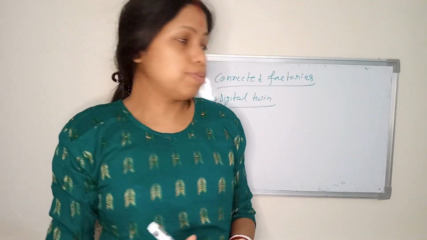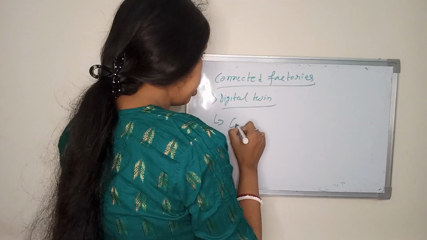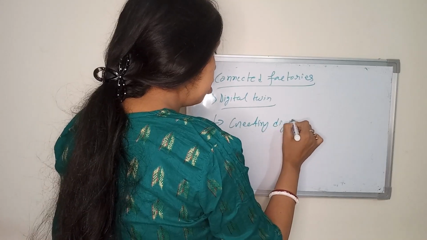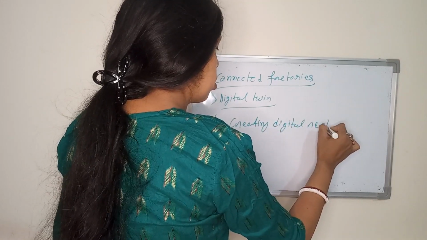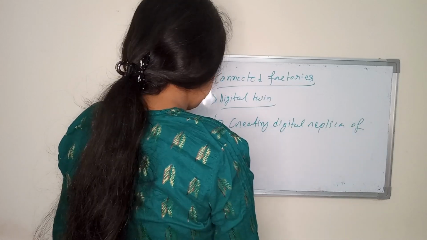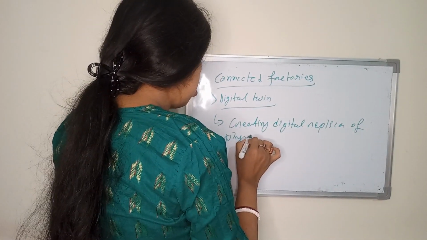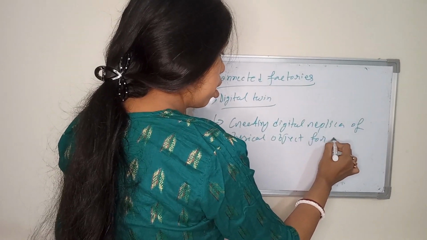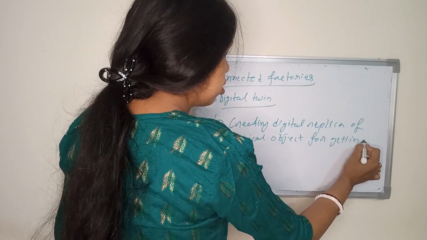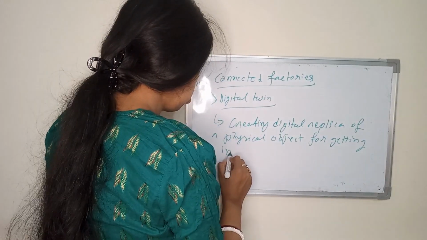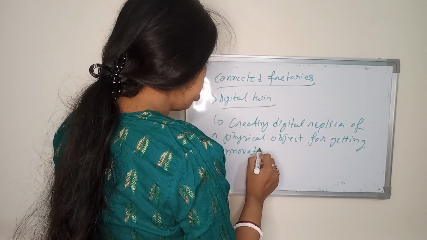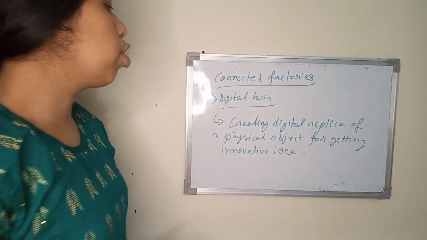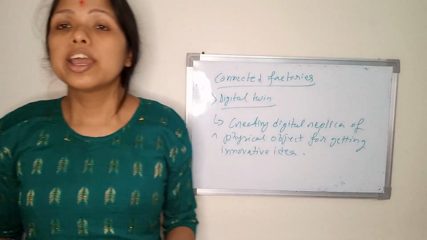Suppose digital twin means you are creating a digital replica of a physical object for getting an innovative idea. Creating a digital replica of a physical object for getting an innovative idea.